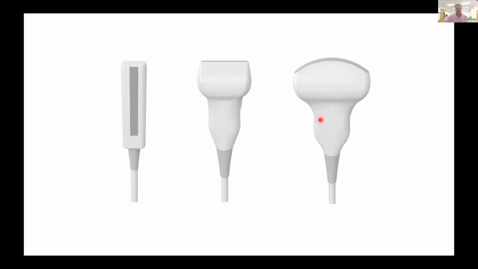But you can imagine it'd be impossible to hold one of these probes against somebody's skin in a specific spot while the patient is walking, running, skipping, jumping. And that's ultimately what we want to be able to do with these probes, right? Measuring fascicle length changes during these dynamic movements.